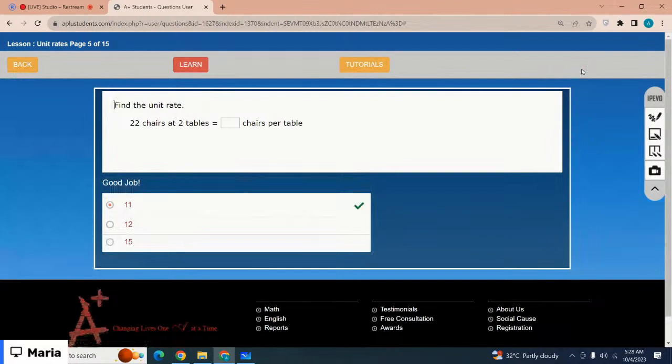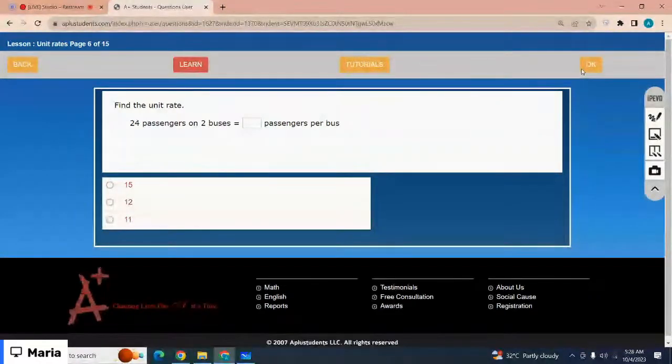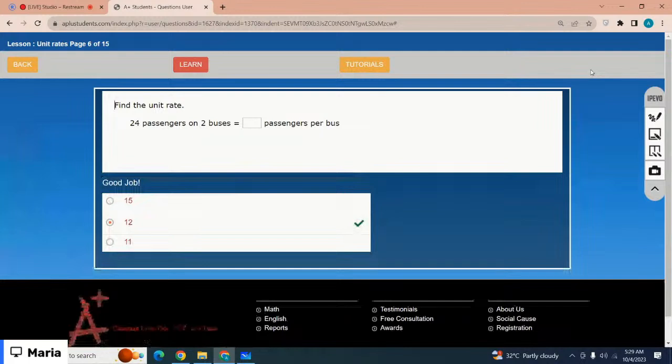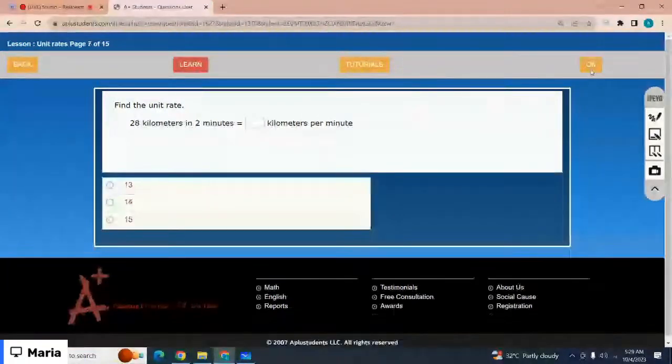So how many passengers per bus? That will be 12 passengers per bus, right? 28 kilometers in 2 minutes.